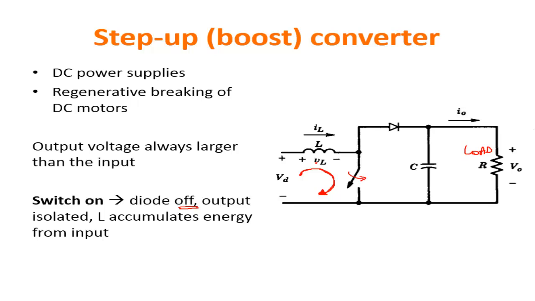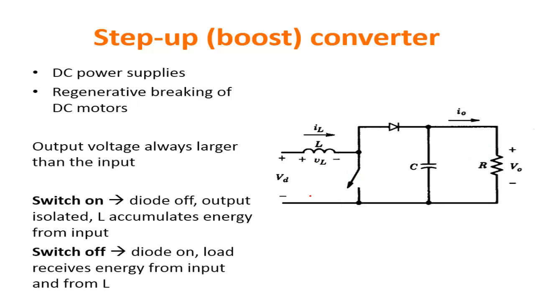When the switch is off, as in this case, of course you do not have this loop anymore available, but you have current in the inductor. The inductor is inertial with respect to the current, and the current flowing through the inductor pushes through the diode and goes to the load. What happens here is that the inductor increases the voltage on this node until the diode goes on.